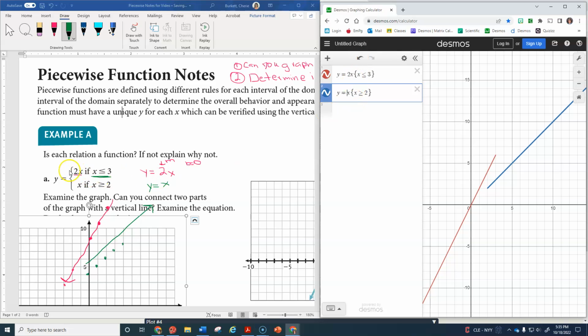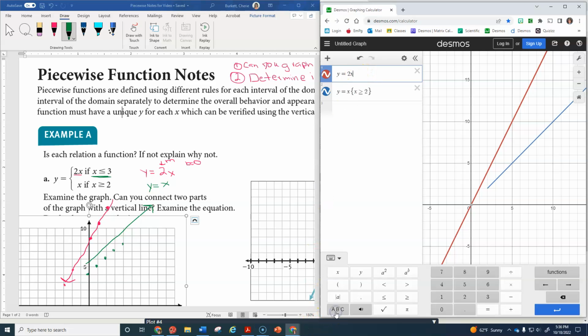You do have to take these two equations and put them on separate lines. These restrictions that they gave us over here, the x is less than or equal to 3, have to be inside those braces. If you leave those braces off, then it gives you the whole line. So to graph the braces, you just use the braces on the keyboard.